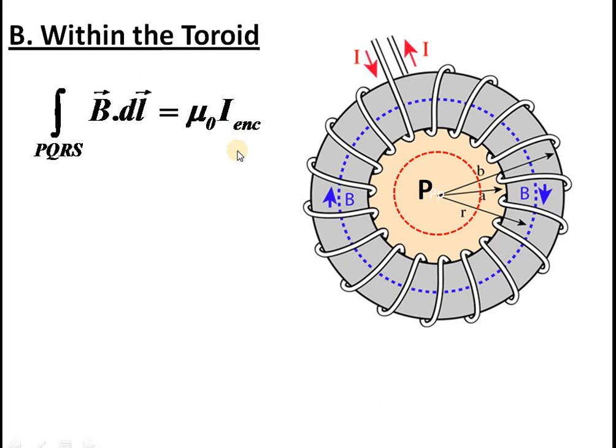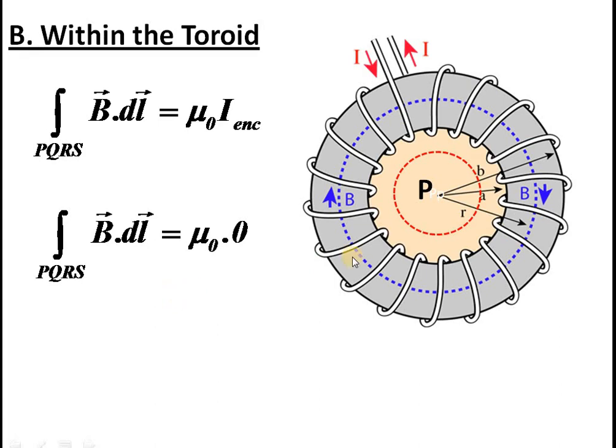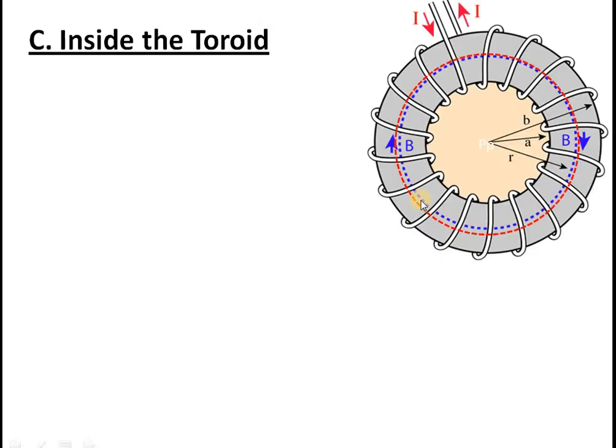Again, we have Ampere's circuital law. But obviously, the current enclosed by this closed path is again 0, because there is no current going down or coming up in this area. So we get that the total magnetic field here is 0. B inside is also 0.